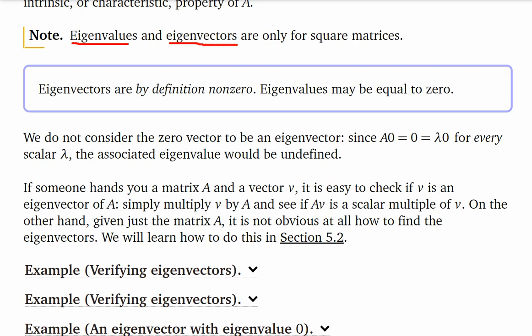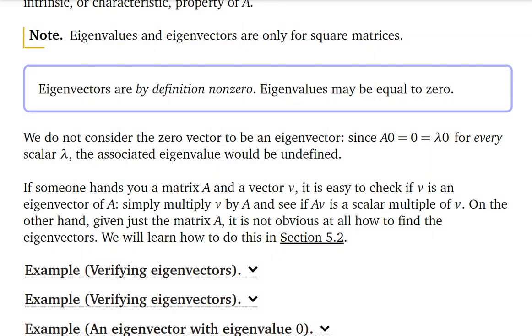By definition, eigenvectors are non-zero. But we do occasionally have a zero eigenvalue. And that will also turn out to be the case that whenever we have a zero eigenvalue, the determinant of that matrix will also be zero. We'll talk about why that is.